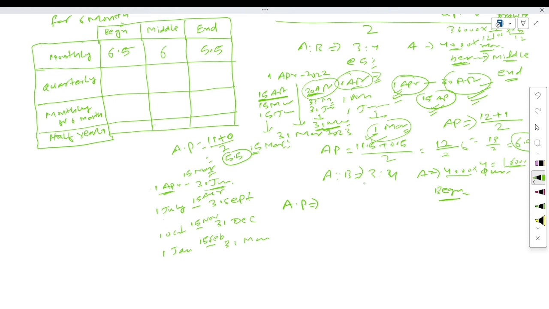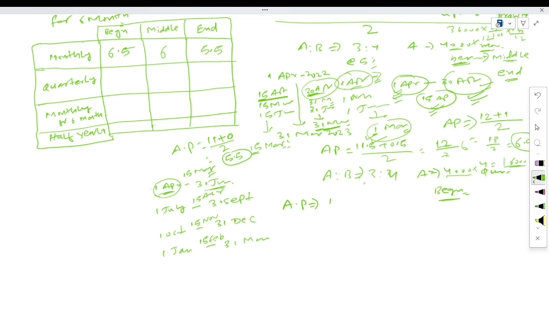Now the calculation of average period is very simple. See here, at the beginning of the quarter, in the sense 1st April, he is withdrawing the amount. What is the formula of average period? Number of months left after first drawing. If he is withdrawing the amount on 1st April, then how many months will be left here? 12 months.